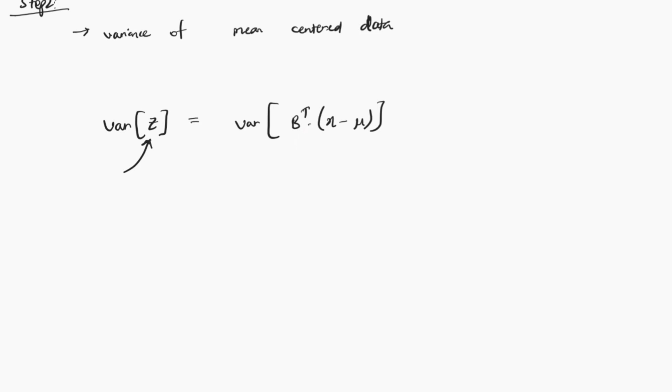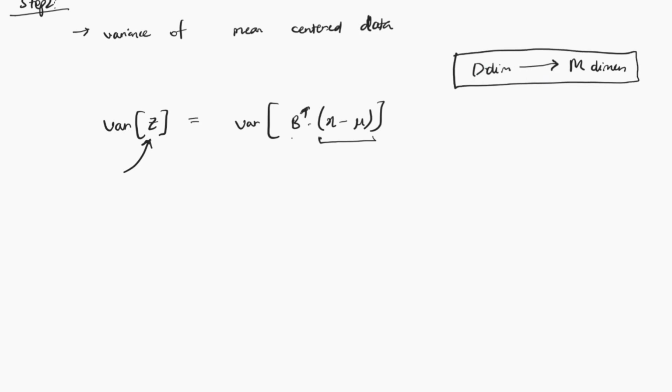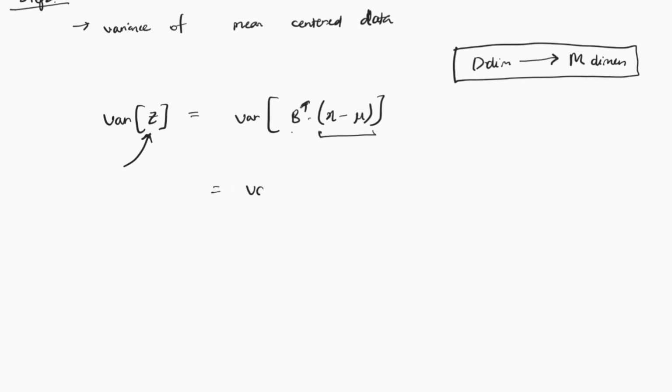We projected the original data x onto the new space where we want to have only m dimensions. So from a d-dimensional space to an m-dimensional space we are projecting the data, and we want to find the variance. When we expand it, we can write it like this.